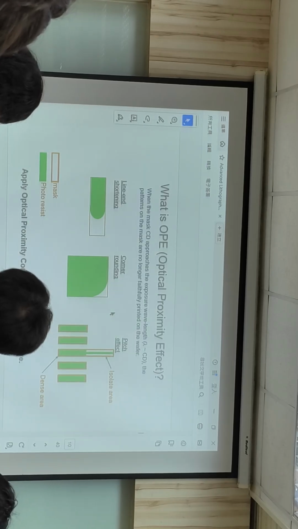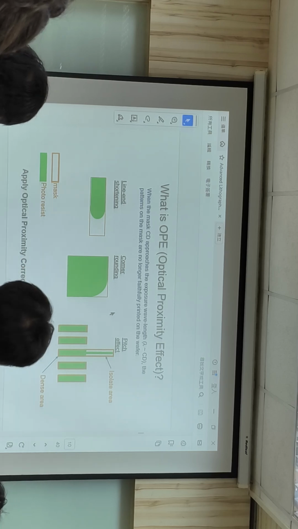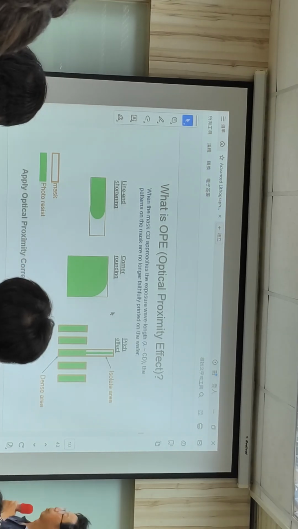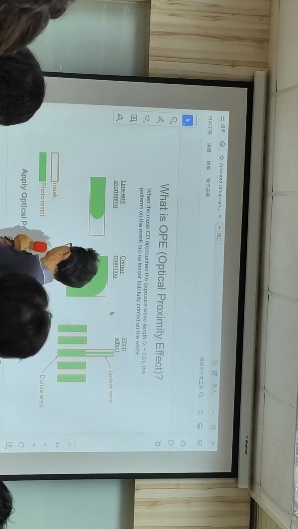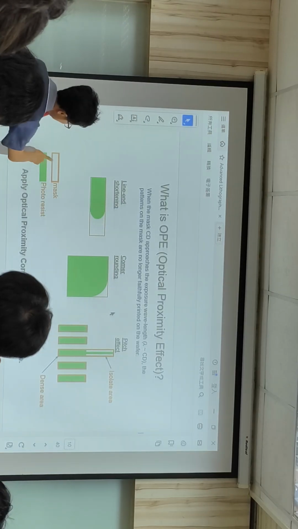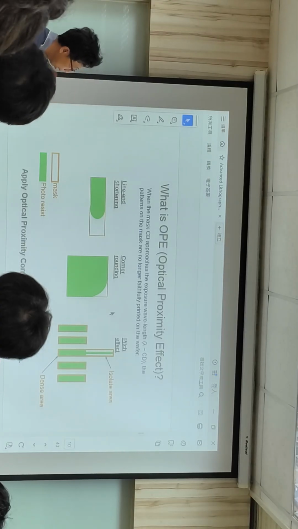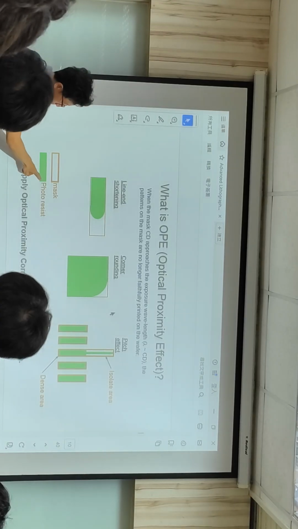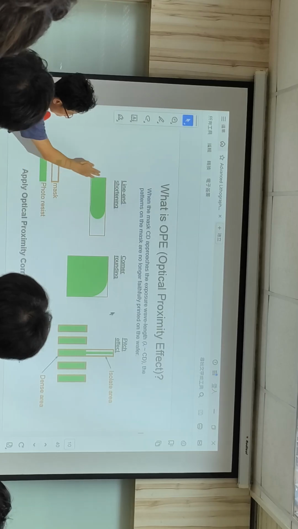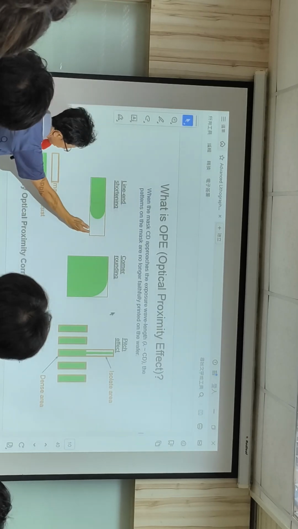And what is OPE? Proximity effect. A lot of the time, this mask is what we design. And then at the end, when we see the photoresist, we have so-called line shortening.